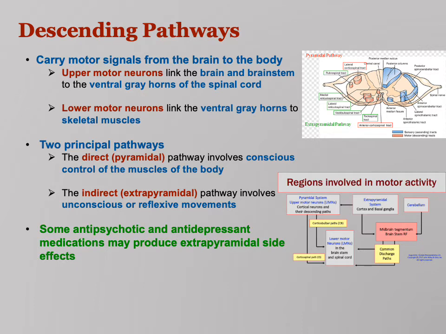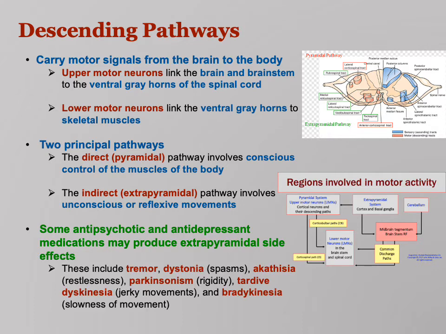Now, some antipsychotic and antidepressant medications may produce extrapyramidal side effects. So this is back to what we were talking about. We talked about the antipsychotic drugs working on the dopamine receptors. They produce those Parkinson type of effects in the poor schizophrenics and psychotics who were taking them.